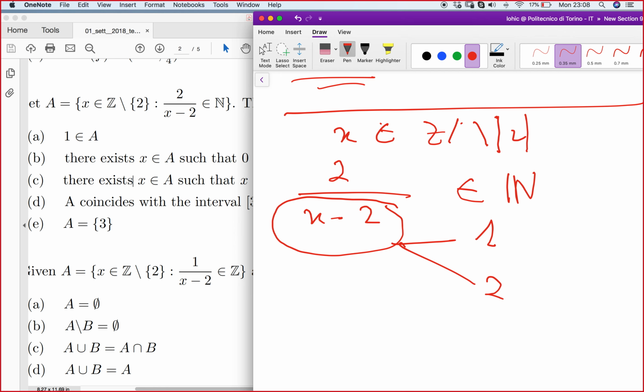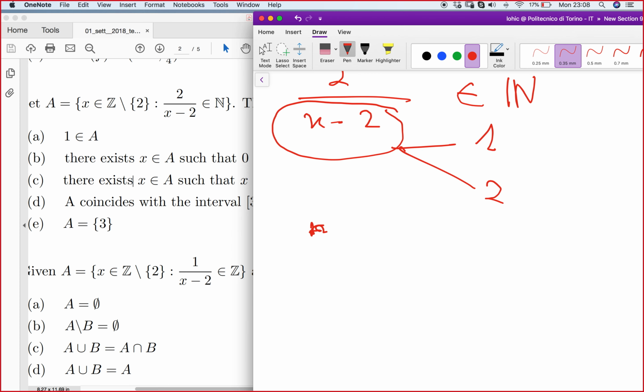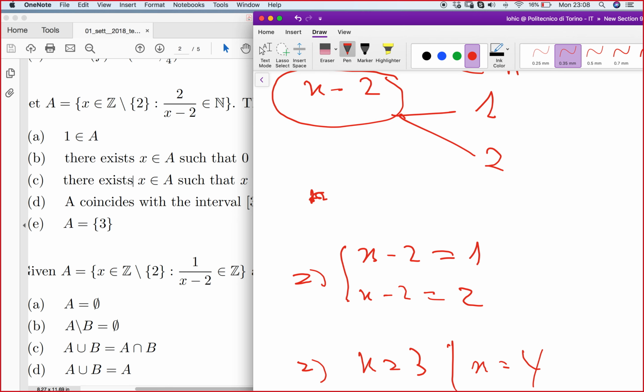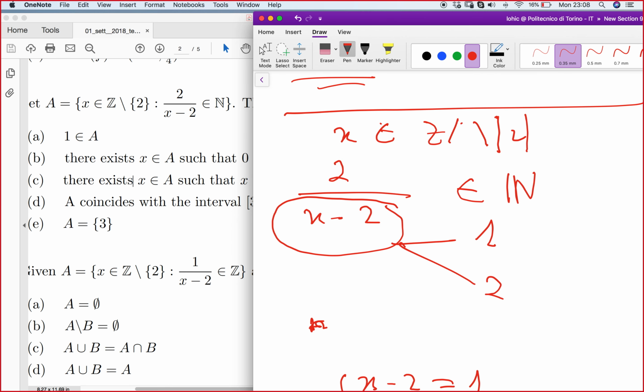It's clear or not? So what we understood is that x minus 2 should be either 1 or 2, yes or not? Thus the possible x are x equal to 3 or x equal to 2. These are the only possibilities if I want this to be a natural number.